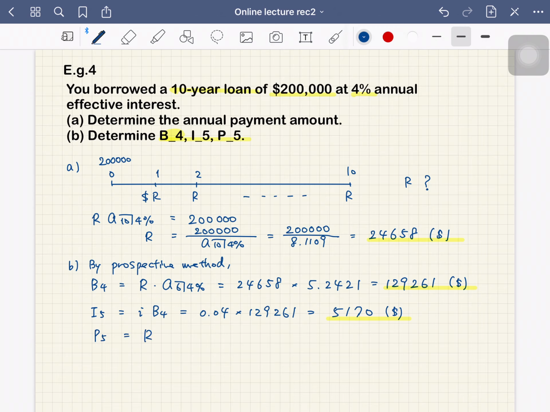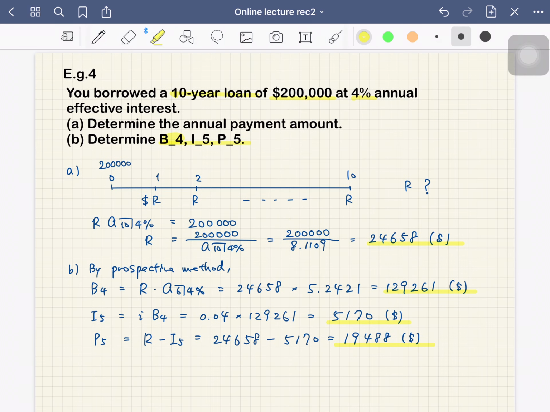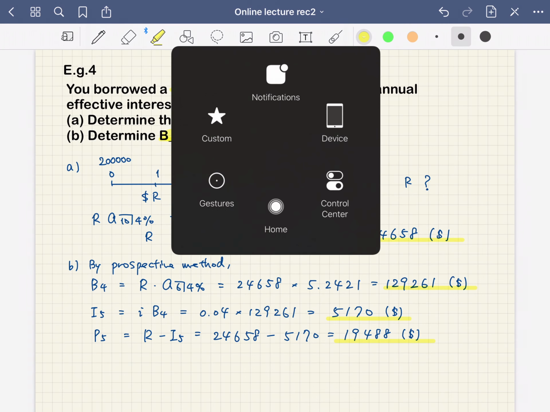P5 is total amount repaid minus interest repaid. So that is 24,658 minus 5,170, so $19,488. So this is P5, the principal repaid at the end of the 5th year. Okay, so this is the end of 6.8, amortizing loan.